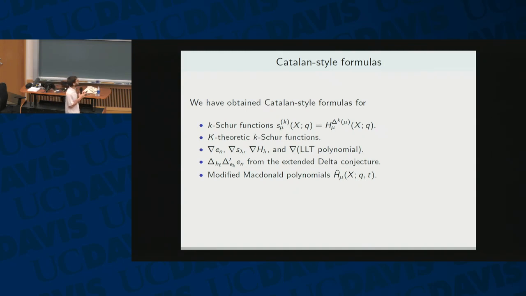And then we have these nabla S lambda, nabla En, and then George is going to tell you about some more general versions of this nabla on an LLT polynomial, Catalanimal-style formulas for the modified Macdonald polynomials. Okay, so these are all nice Catalan-y kinds of objects that we were able to find for various well-studied classes of symmetric functions.